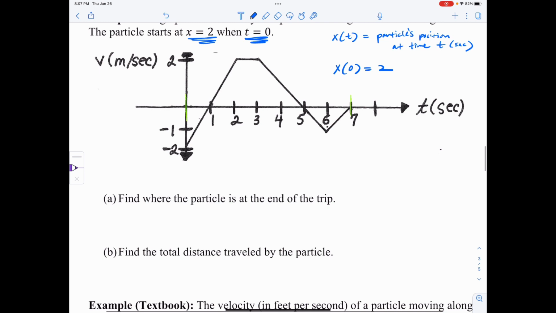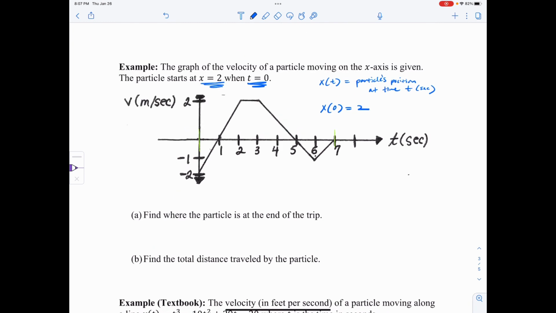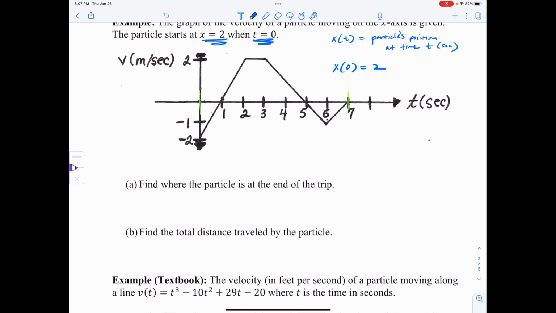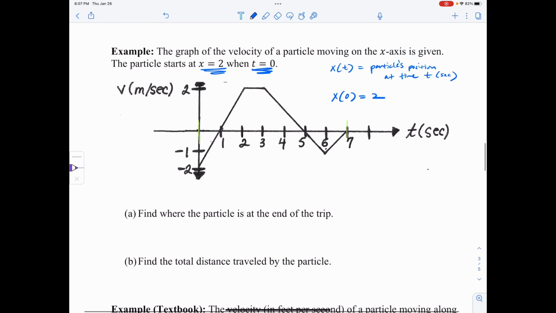That means that when we go to integrate, we're going to need to take into account x of 0 being equal to 2. So the particle will end up at 2 plus the integral from 0 to 7 of v of t.